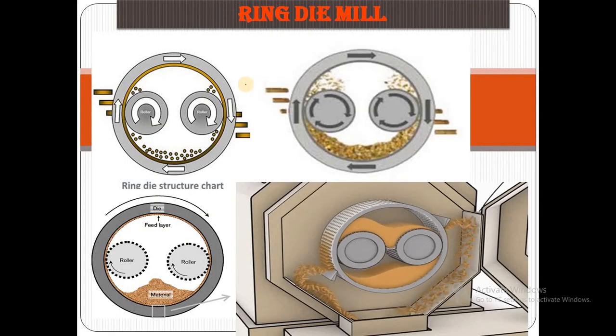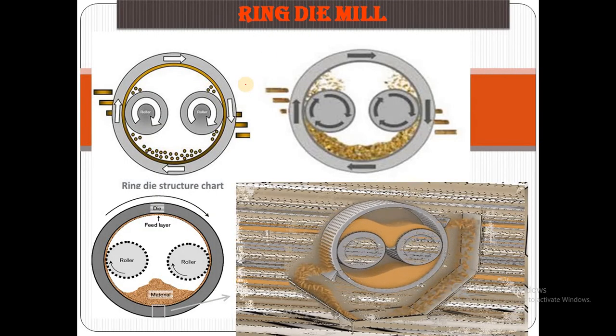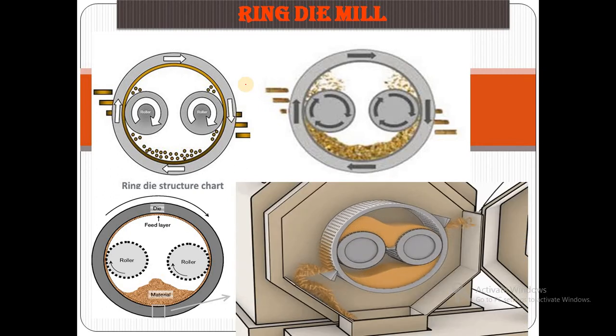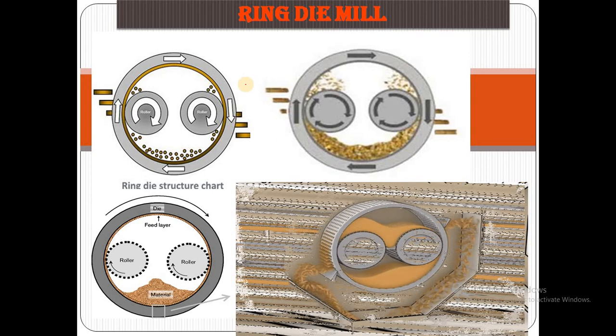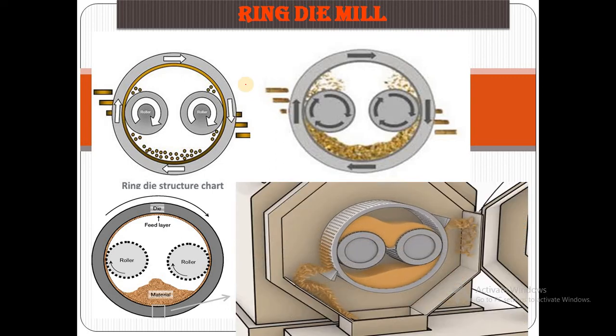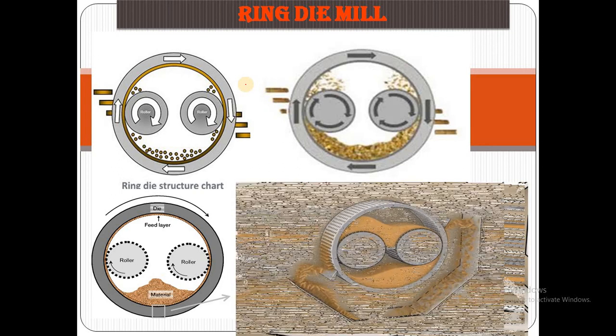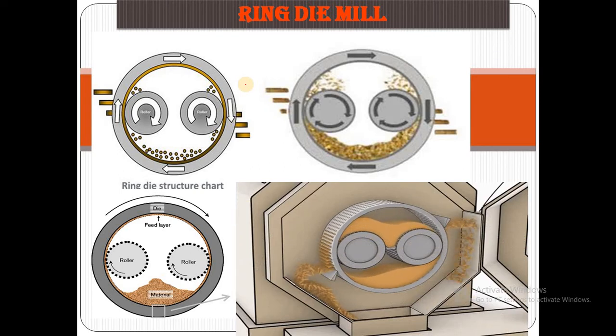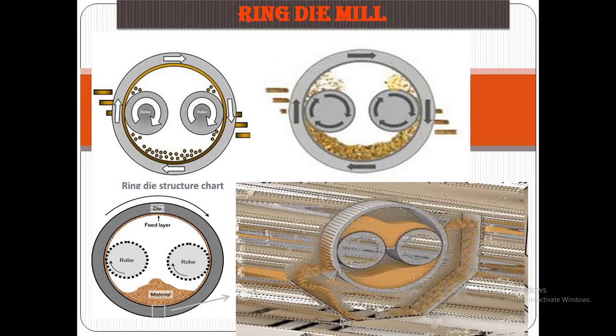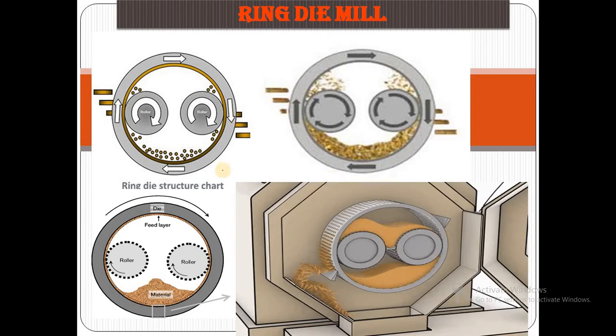Next we will see the ring die mill. There are two types, the flat die mill and the ring die mill. So what is the principle of the ring die mill? In this diagram we can see that the ring die mill has two rollers.